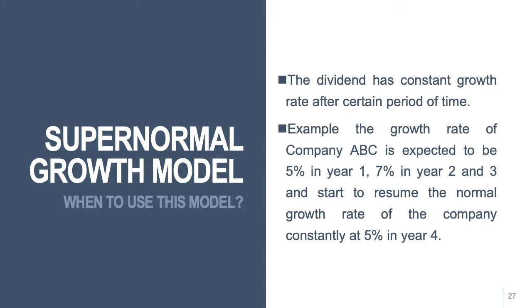We look at this example. Consider a stock with dividends. So first step, you need to calculate dividend for every year until 1 year after the growth rate becomes constant. Okay, so growth rate becomes constant in year 4, so we need to calculate dividend until year 5.